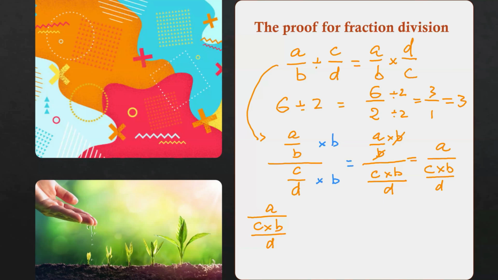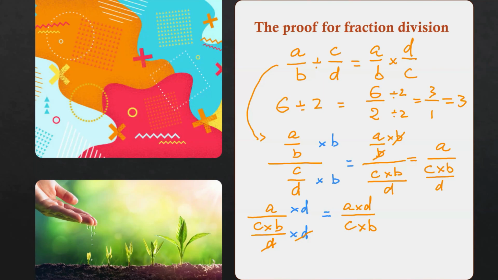Now we'll try to cancel the d, so we're going to times with d, top and bottom. That is going to give us a times d over, and at the bottom we cancel down. So d cancels d. We have c times b. Okay, so now we have a times d over c times b.